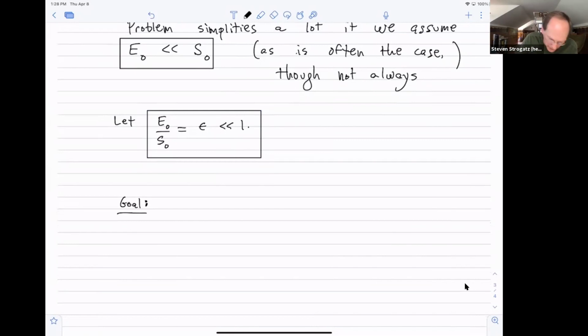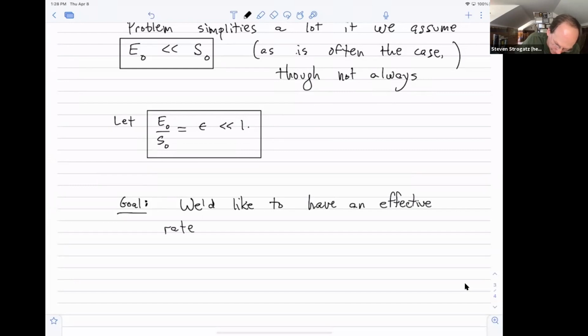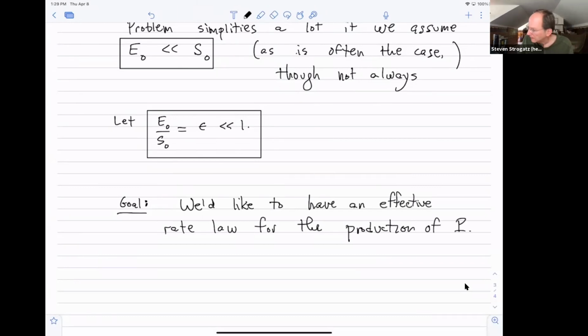So the goal, you could say, is we'd like to have an effective rate law for the production of P. The product P. I'd like to understand the rate at which it's being produced.